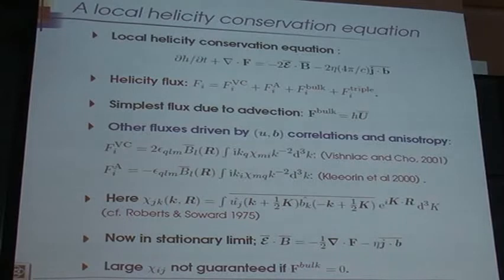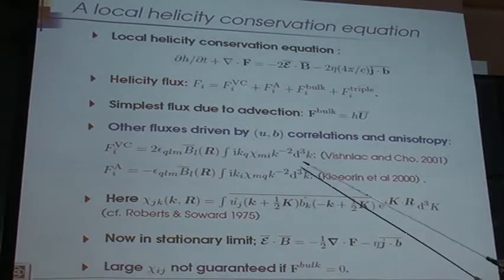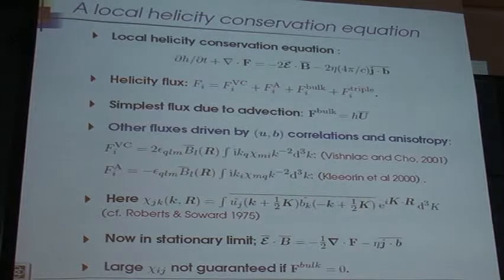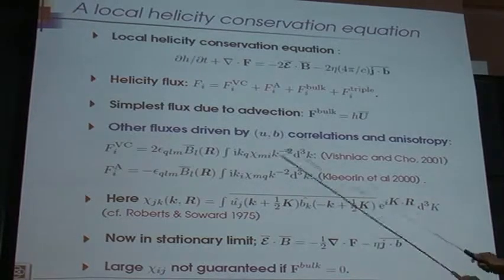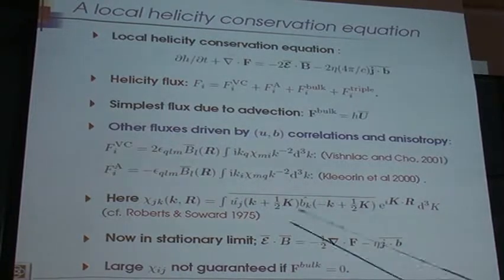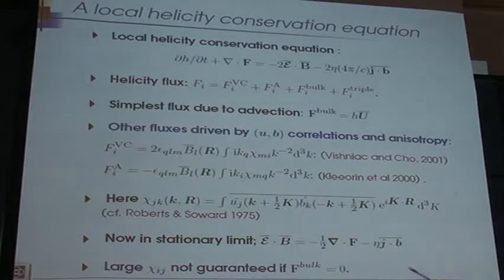But as I said, you can derive it, and I'll show a different form for this. It depends upon the electromotive force correlators. And Clearin and all also had some kind of a flux. That's where Roberts and Server thing has come in.